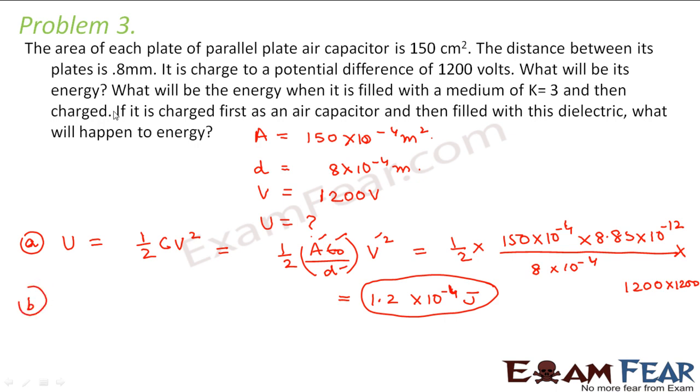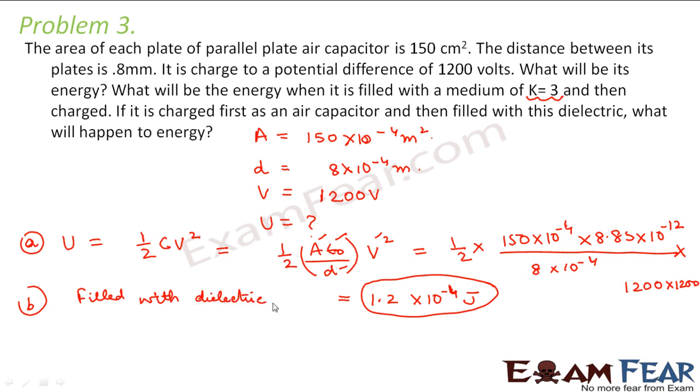Now let us look at the second part. It asks what will be the energy when it is filled with a medium of dielectric constant 3 and then charged. Please remember, it is not a dielectric slab, it is just a dielectric medium.